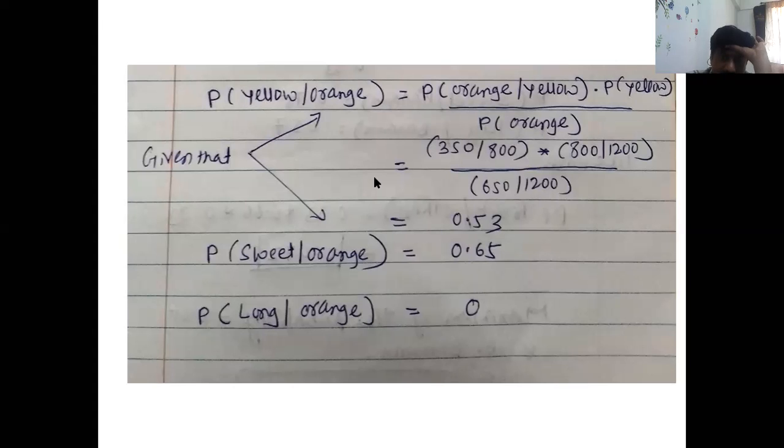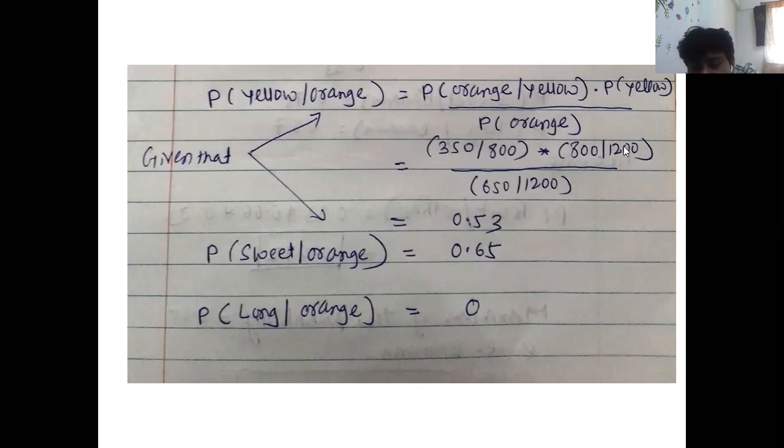So we have computed the probability that the fruit is yellow, and the already occurred event is that the fruit is an orange. Okay. So I think you got clear about this computation, right? Probability of orange by yellow is 350 by 800. Total 800 is the total yellow fruits, within that oranges are yellow.